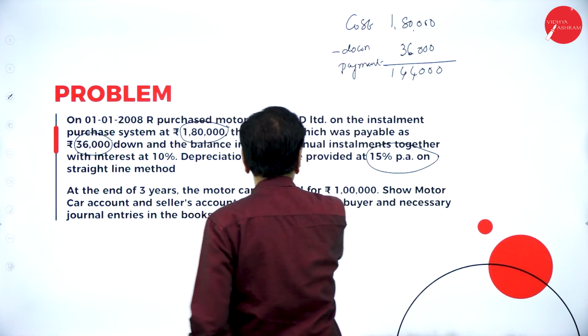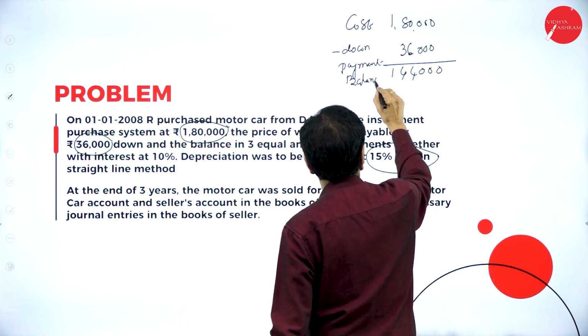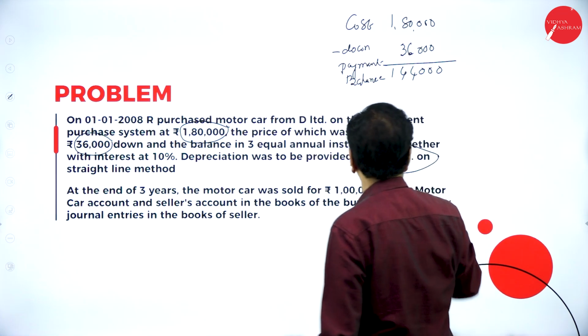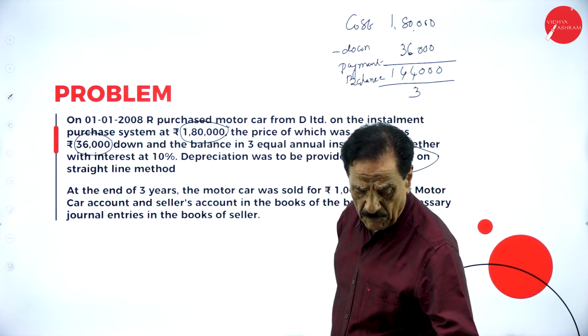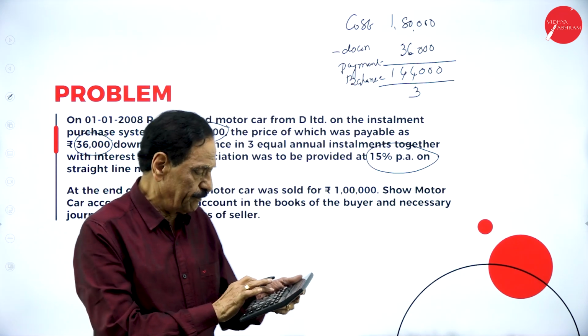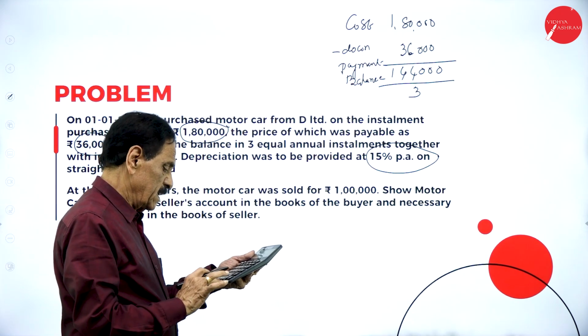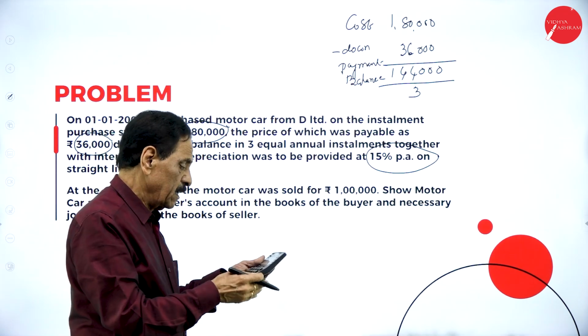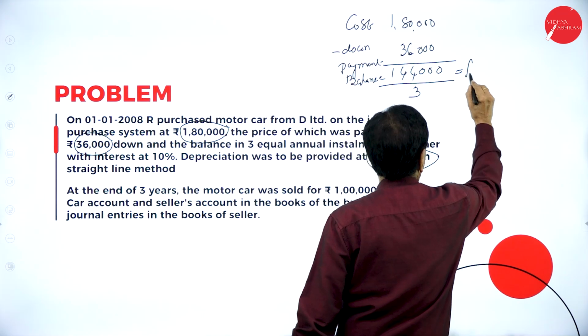So this is your balance, to be paid in how many installments? Divided by 3. So 1,44,000 divided by 3 is equal to 48,000 for each installment.